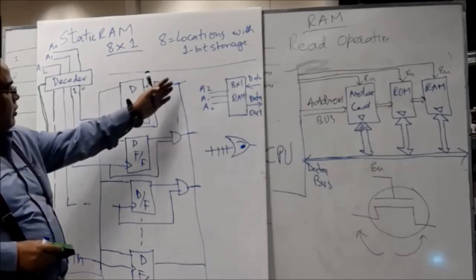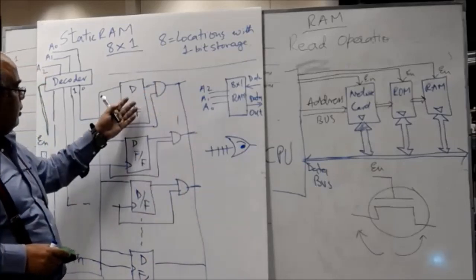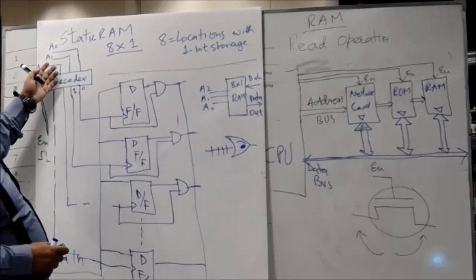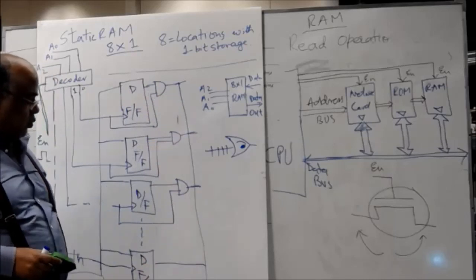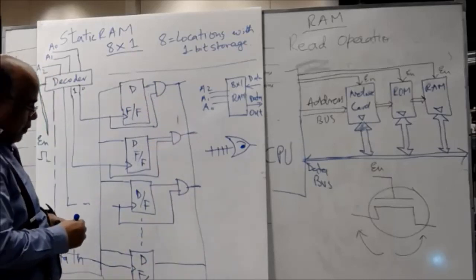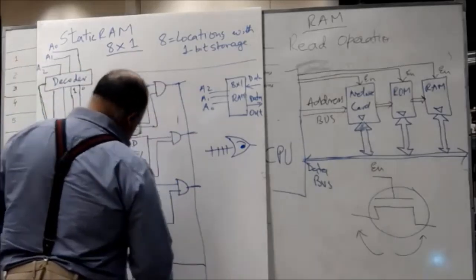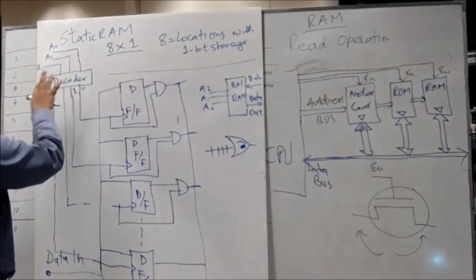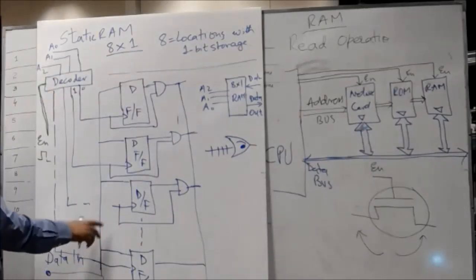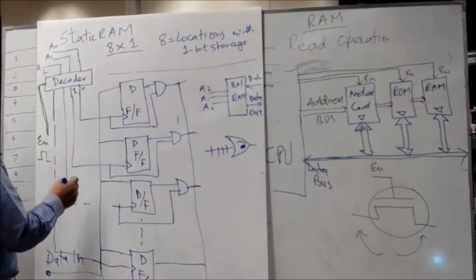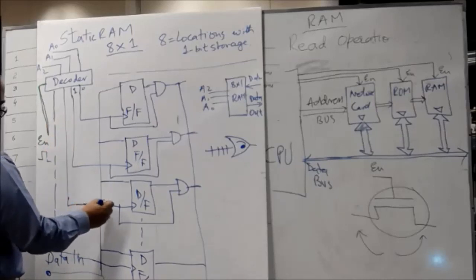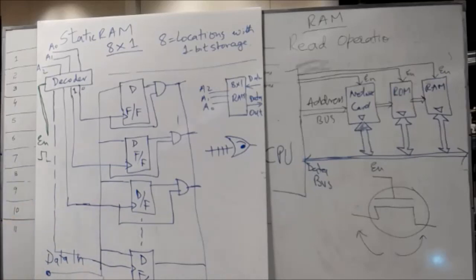As you can see here, normally this enable signal is zero, so it is in the read mode. So whatever address is present over here, it is giving the data output. And similarly, when you only want to write, you can write data into one of these flip-flops. So that way it works.